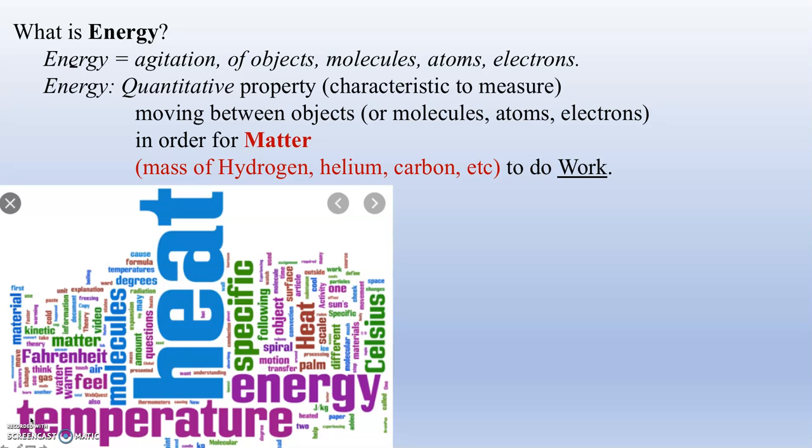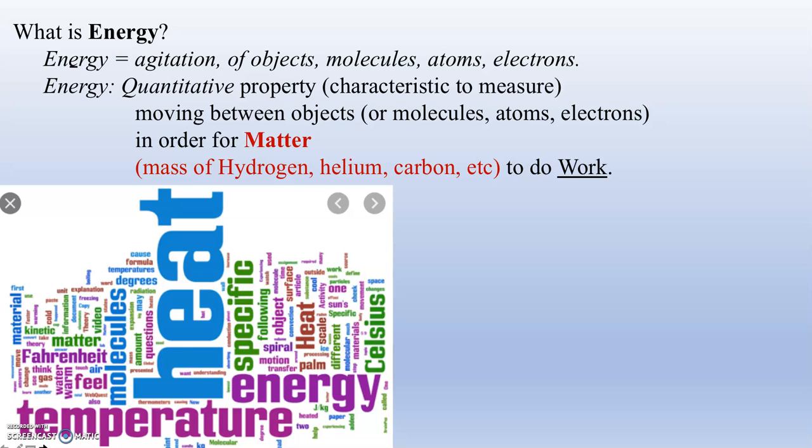In order for the matter, the mass of molecules or atoms or electrons, the matter that can be hydrogen or helium or carbon in astronomy, in order for that matter to do work.